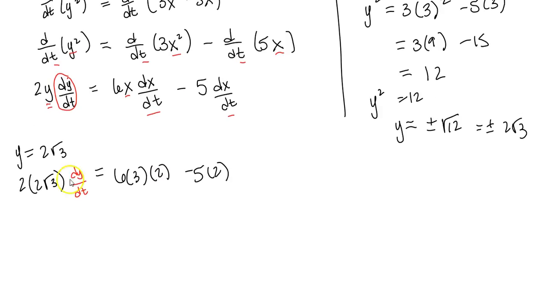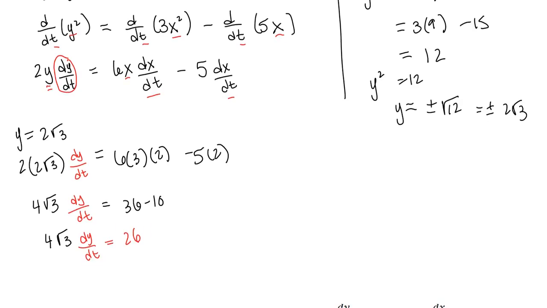Our dx over dt was 2, minus 5 times 2, and solve that. So I would have 4 square root of 3 dy over dt equals 36 minus 10, or 4 square root of 3 dy over dt equals 26, and then I will divide by the 4 square root of 3.